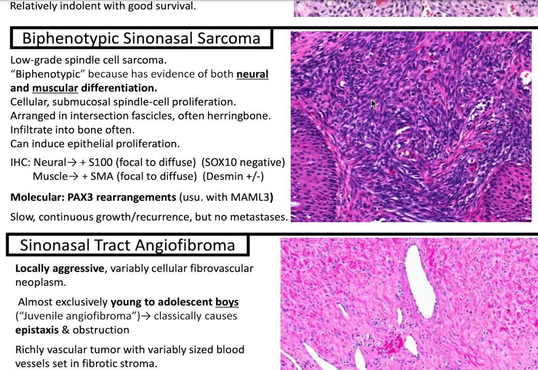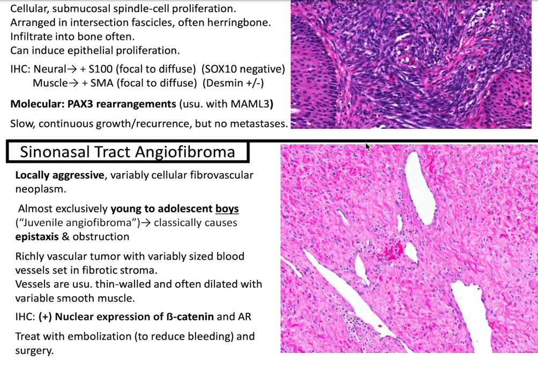The neural component will be S100 focal to diffuse positive and SOX10 negative, and the muscle will be SMA positive, focal to diffuse. Desmin can be positive, but can also be negative. Molecularly, it has a PAX3 rearrangement, usually with MAML3, and has slow continuous growth and recurrence, but no metastasis.